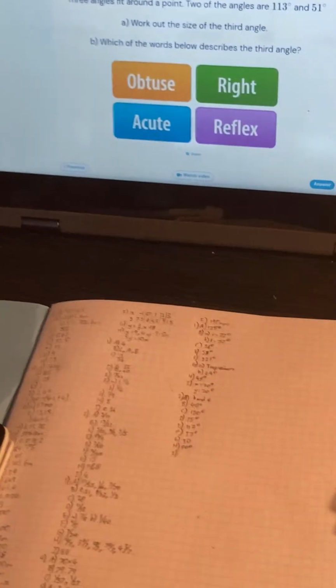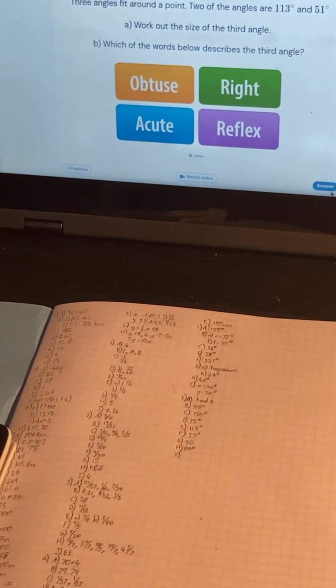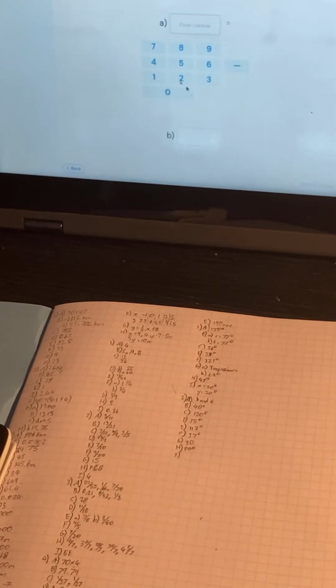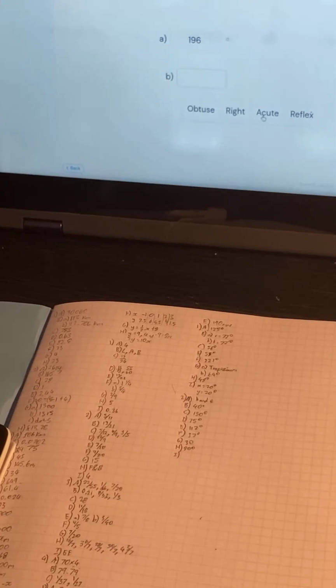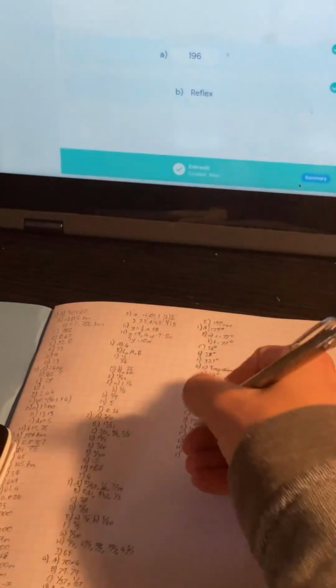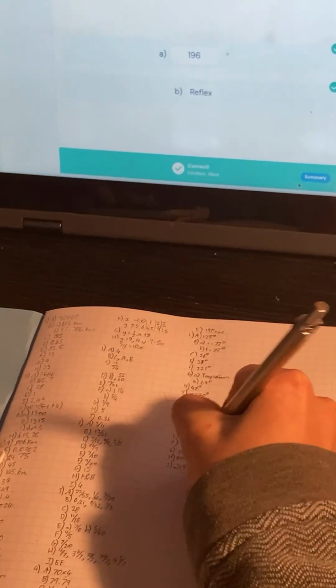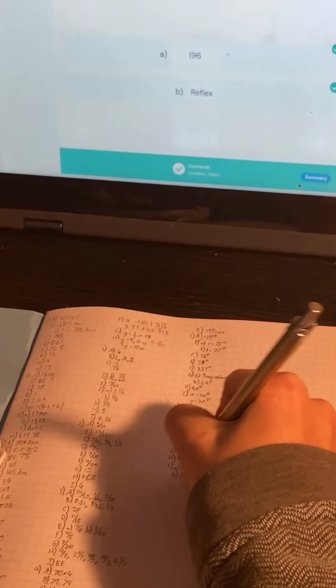Third angle is 196, and that's obtuse. Nope, it's reflex. And nope, it's just reflex. I lied to you. A 196, B reflex.